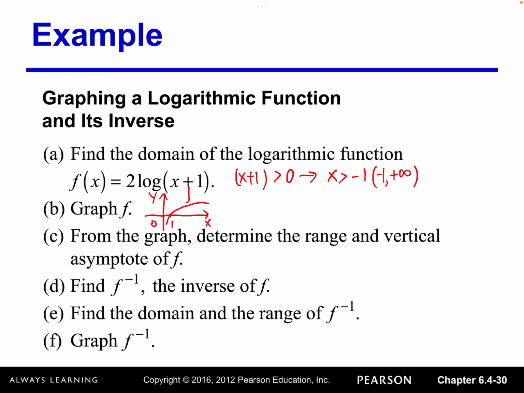This is the graph for f of x equals log of x. The next one is f of x equals 2 times log of x. That's vertically stretched by 2, so for every x coordinate, y is multiplied by 2.